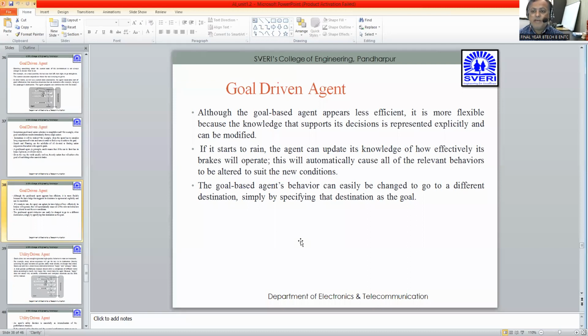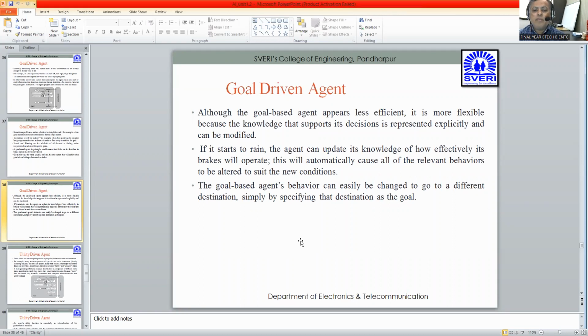Now the brake will operate, but the relevant behavior can be altered to suit the new conditions, because the condition now is that rain is coming. So accordingly my brake will be on. The relevant behaviors have been altered; now it is according to the rain. Earlier it was when no rain was present. So depending upon the things, the whole scenario will keep on changing. So it should be flexible to adapt to the things happening around.